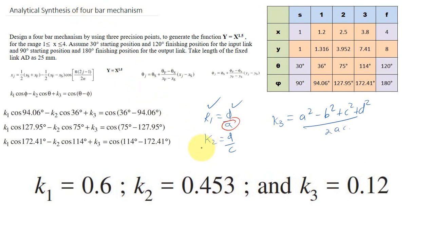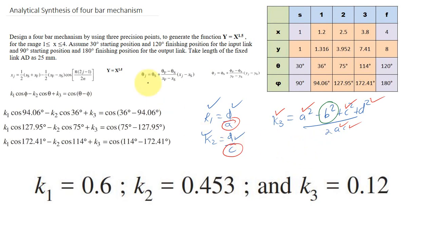Similarly, from this equation we know the value of d and k2, thereby we can find the value of c. We know the value of k3. From the earlier equations we know a and c, and d is already known, so from this equation we can find the value of b.